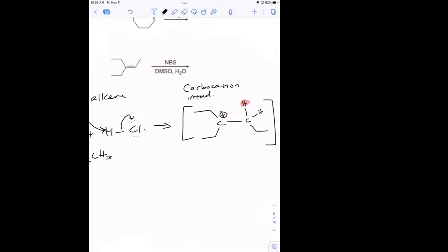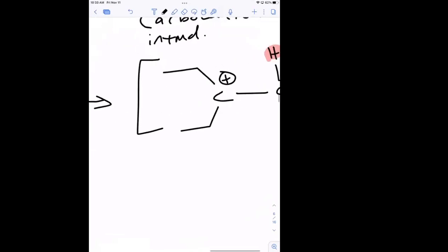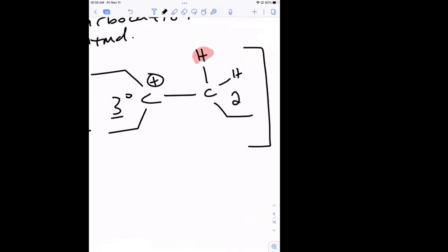I understand what you're saying, and I agree with that to an extent. But that positive charge could be here or on the other side, and the H could have been here. But why would the positive charge want to be on a tertiary carbon and not a primary carbon or a secondary carbon? Is it because SN1 reactions prefer tertiary carbons, or they're stabilized by tertiary carbons?